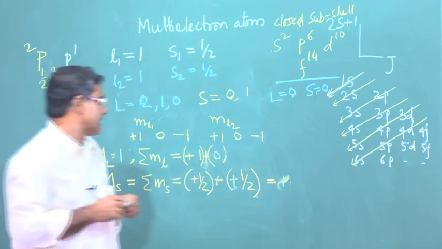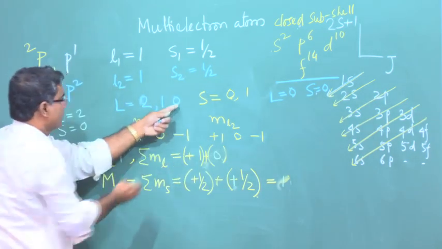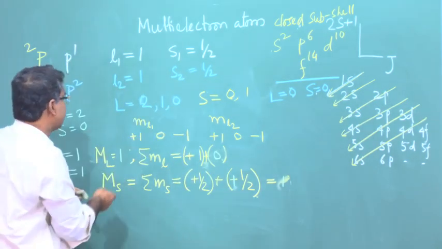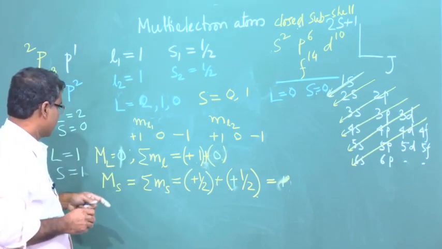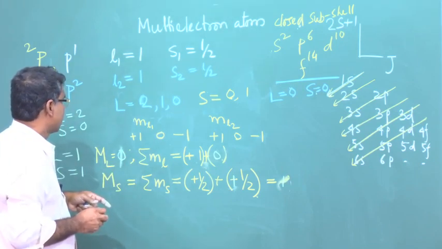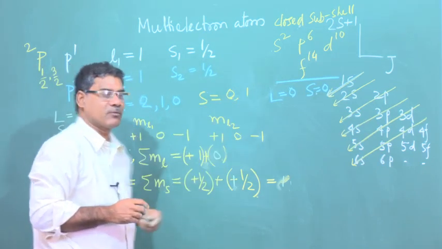Okay. Then next L equal to 0. When L equal to 0, Ml is 0, and now S can be either 0 or 1, that we have to check.